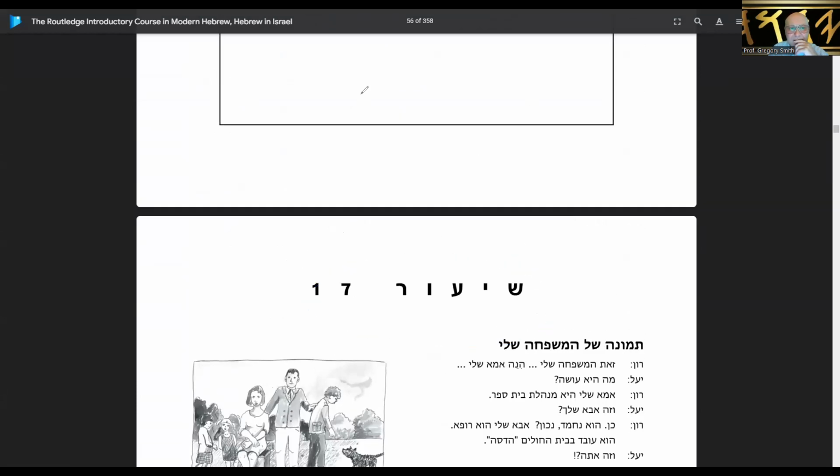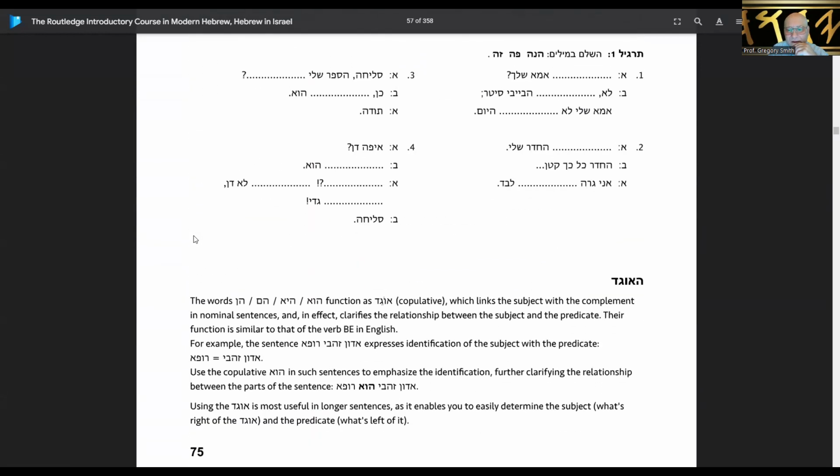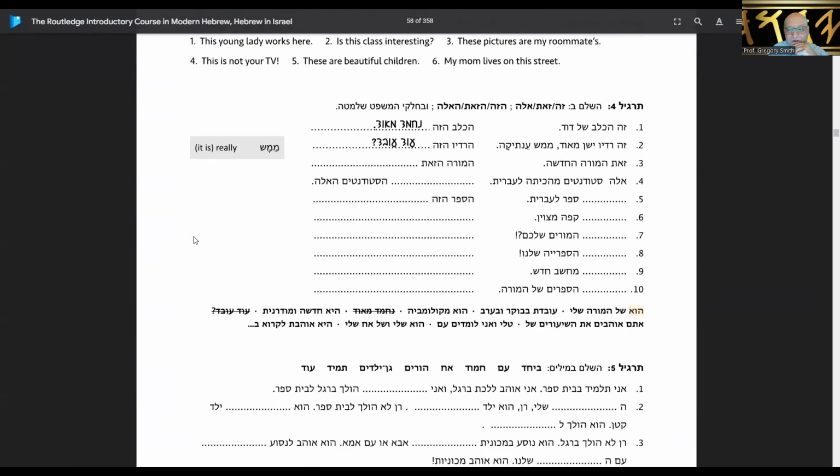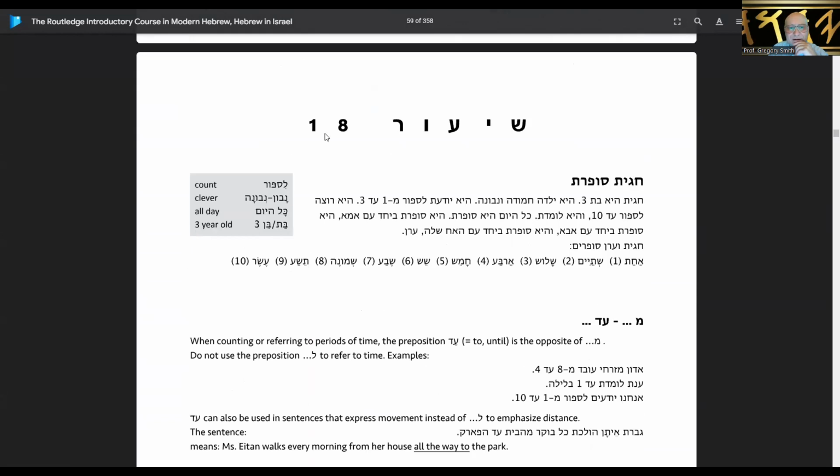Okay, good. So now we've got Shior 18. That starts another one. Let's see what kind of time I've got. I feel like I spent a lot of time on that exercise. 47 minutes.